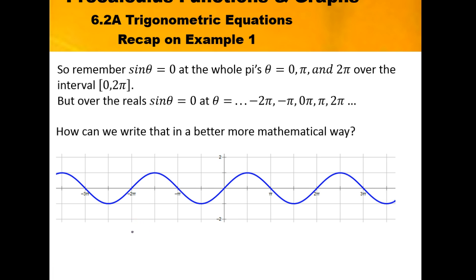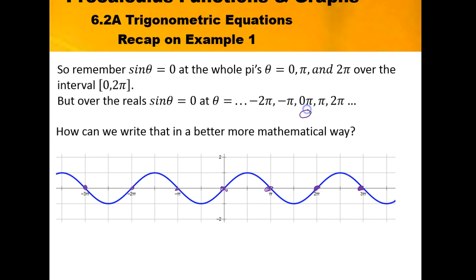Okay, so now we're going to talk about how we can write this in a better, more mathematical way. So let's just look at this again. Remember, it's 0 here, and here, and here, and here, and here, and here, and here, right? And so I listed these here. So negative 2 pi, negative pi, 0 pi, pi, and 2 pi.